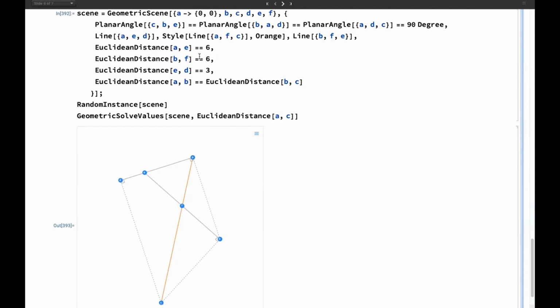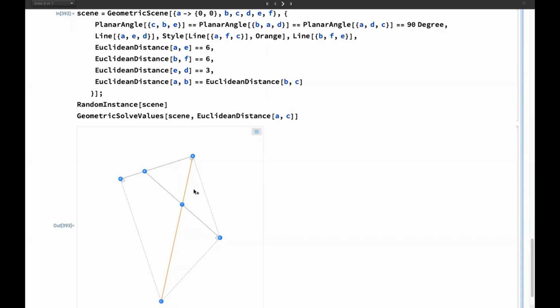And we're given a few distances between points. So we've got AE is 6, BF is 6, ED is 3, and AB is the same as BC.